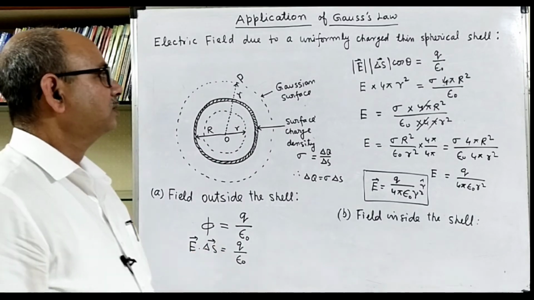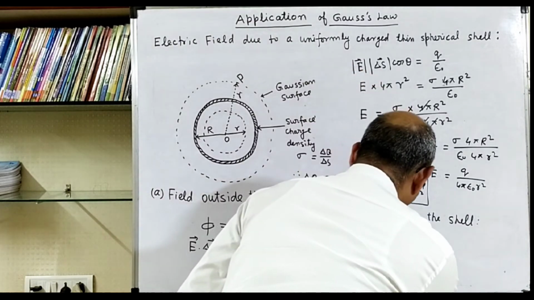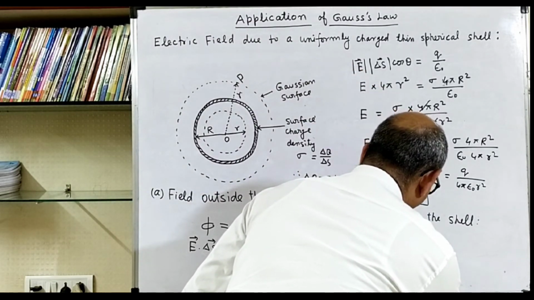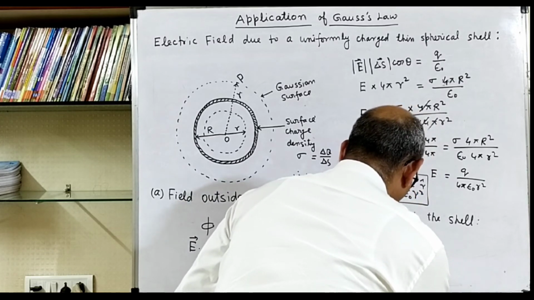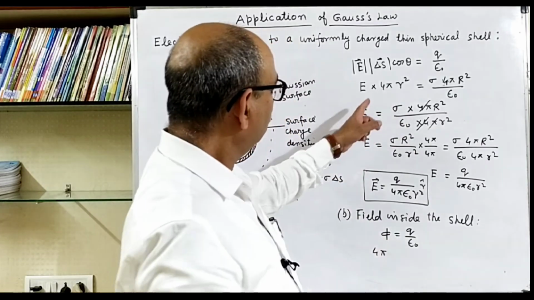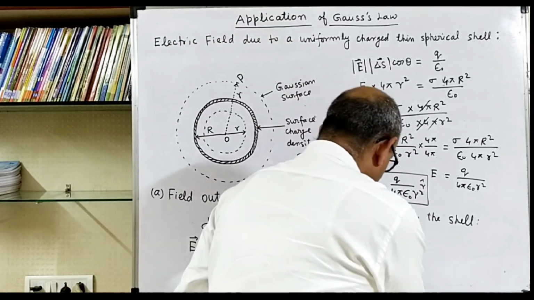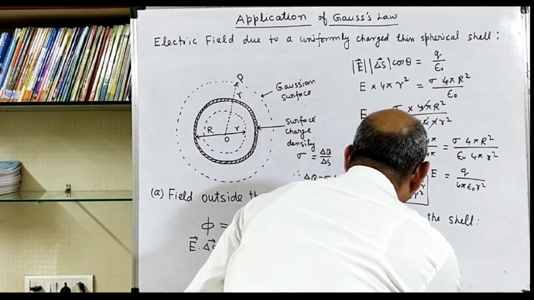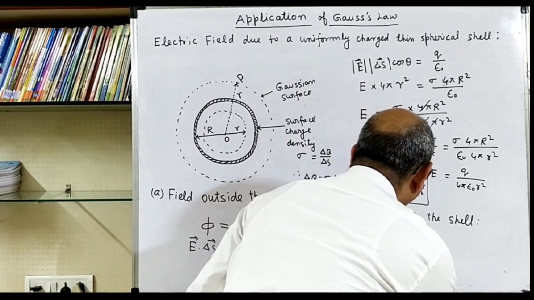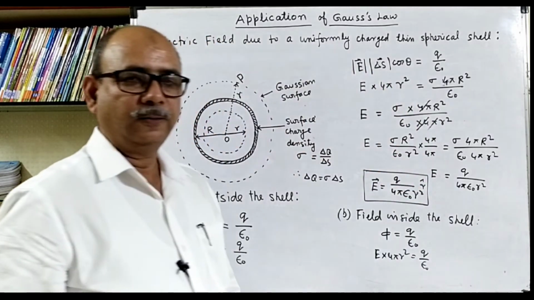Then total flux which we have calculated is E into 4 pi r square. Phi is equal to q upon epsilon naught. That is E multiplied by 4 pi r square, which is equal to q upon epsilon naught.